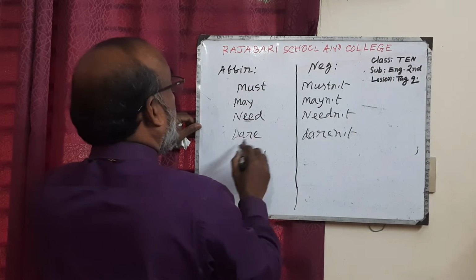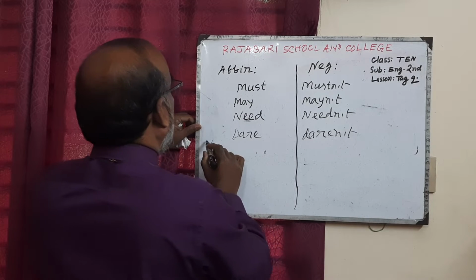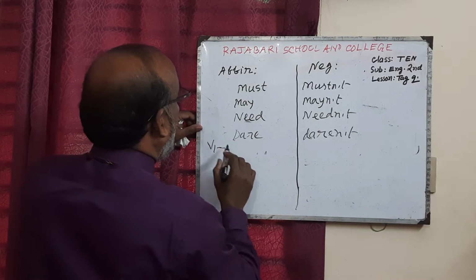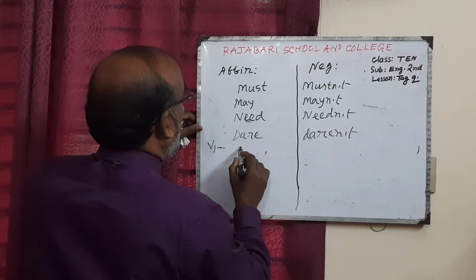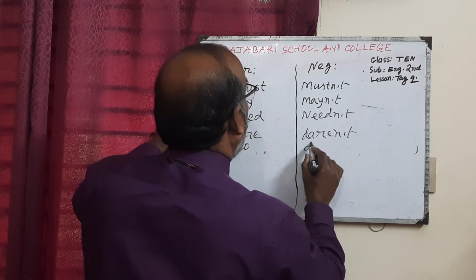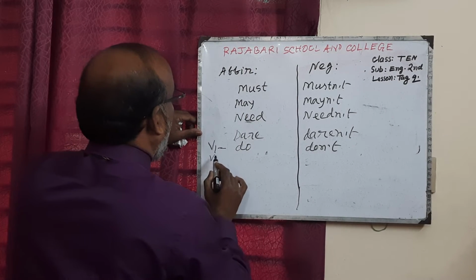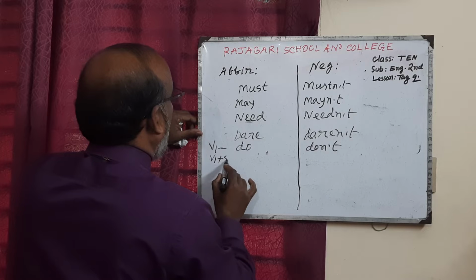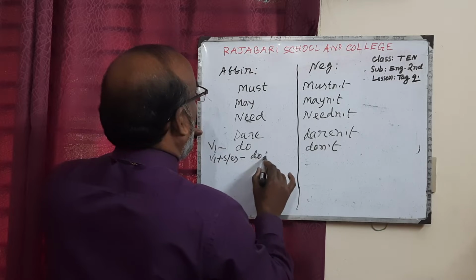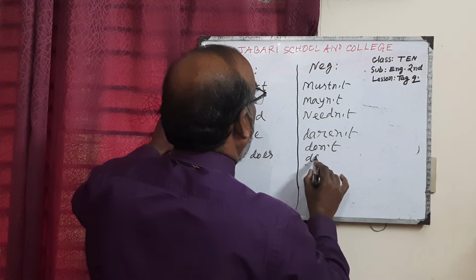If you see verb 1, then you will use do, and the negative will be don't. If you see verb 1 plus s or es, then it will be does, negative doesn't.